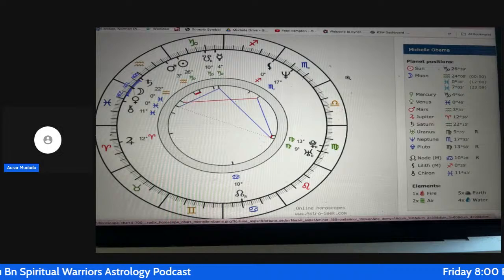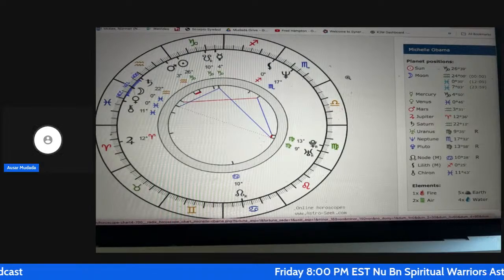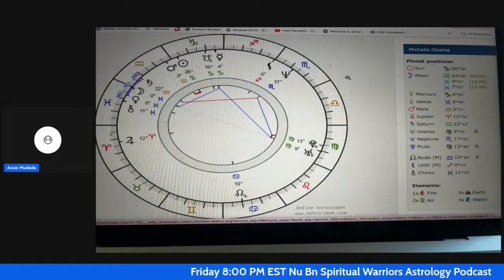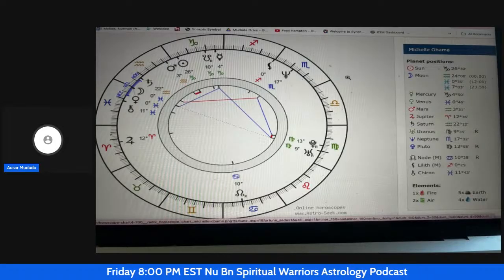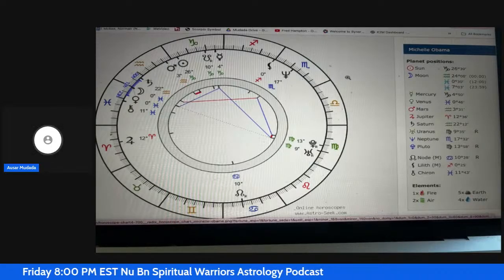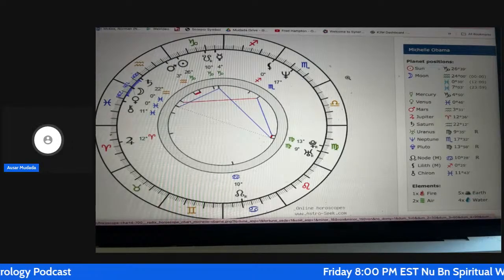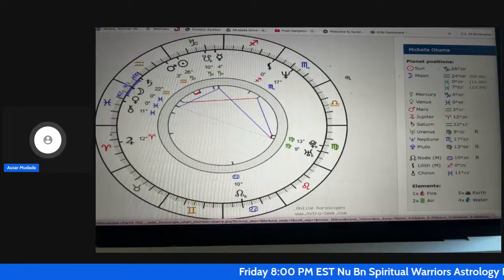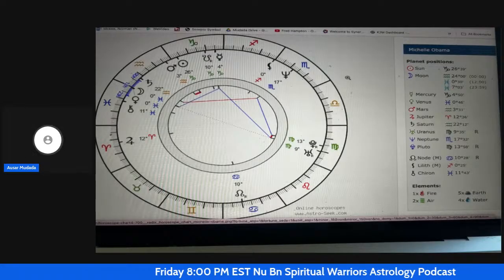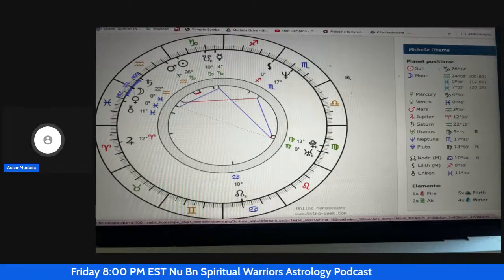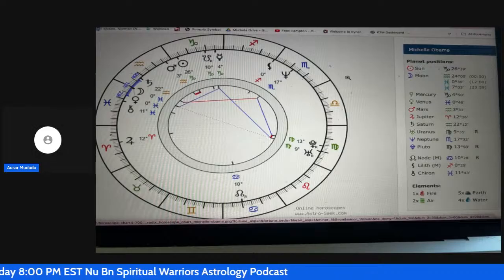We got some movement on that Moon too. Moon and Venus in the same sign is an earth sign. Now this is a little tricky, so please pay close attention to that Moon, because the Moon was moving during the birth of this individual.